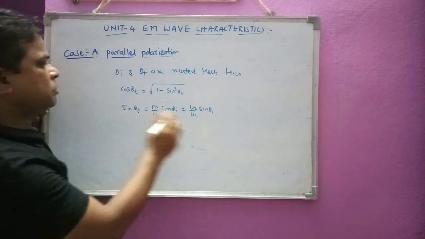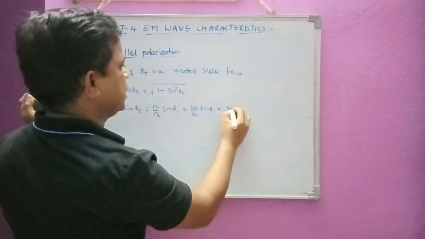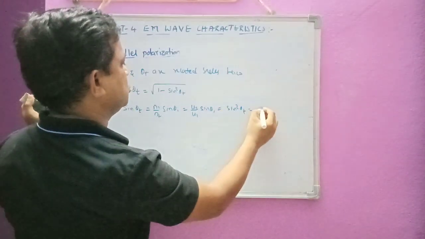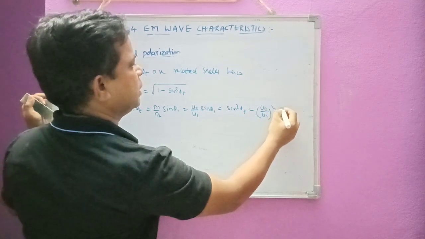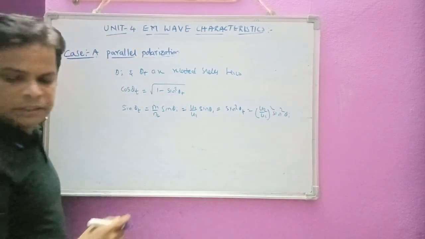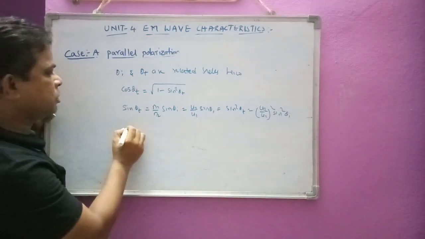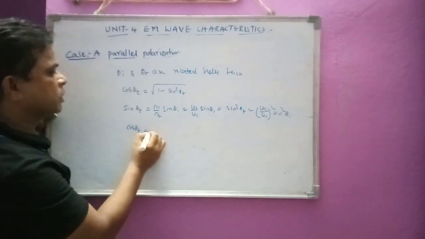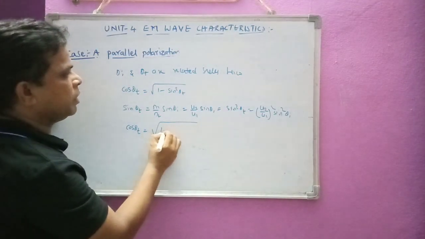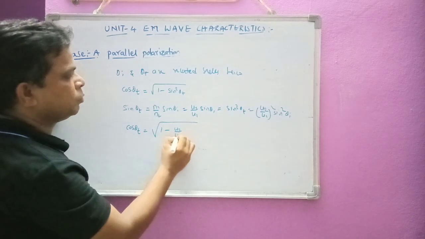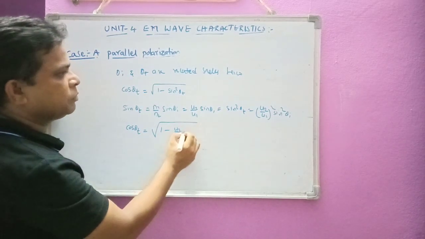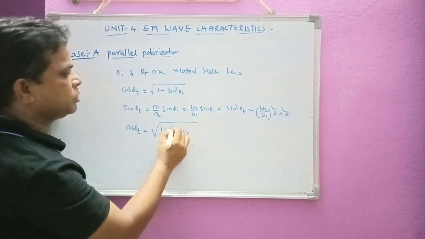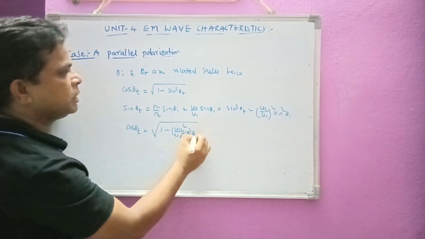Now if I make use of this, sin square theta t is equal to u2 by u1 whole square into sin square theta i, and I can substitute it here. That is, cos theta t is equal to the square root of 1 minus (u2 by u1) whole square into sin square theta i.